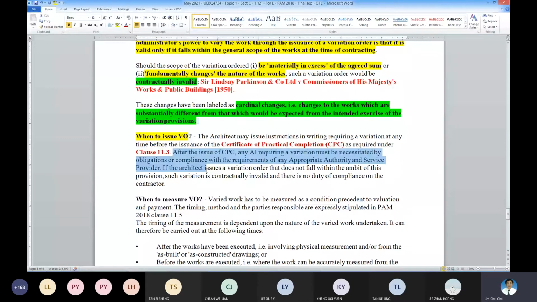This is considered AA and SP, short form. I even gave you some examples of AA already. AA is appropriate authority, and SP is service provider. It could be the local authority and so on.